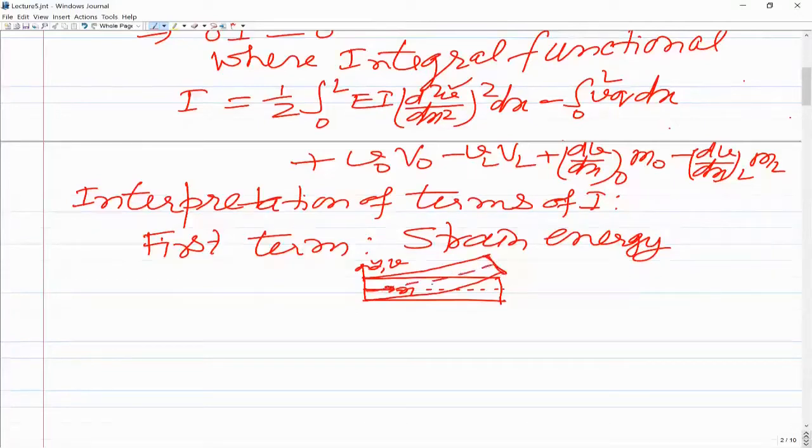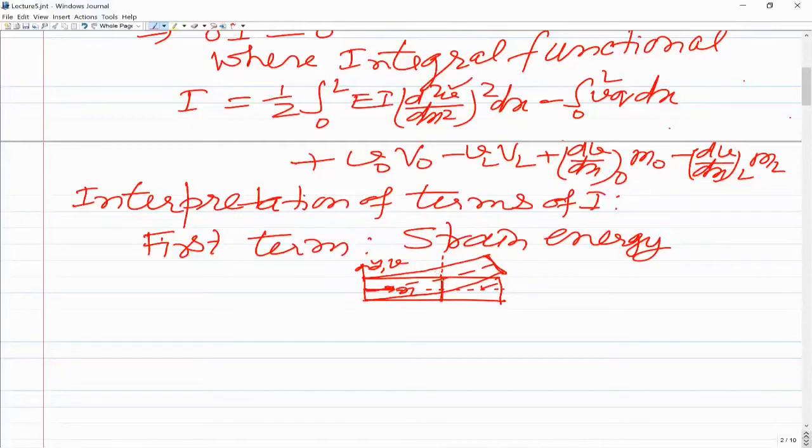Now suppose you take any normal to the middle surface. Initially this is the normal I have drawn, normal to the longitudinal central line, and I am extending it up to here. As per the Euler-Bernoulli beam theory, this normal rotates and remains normal to the beam.